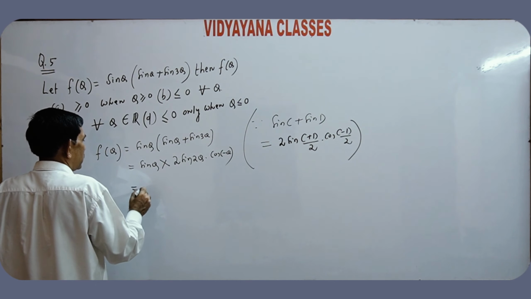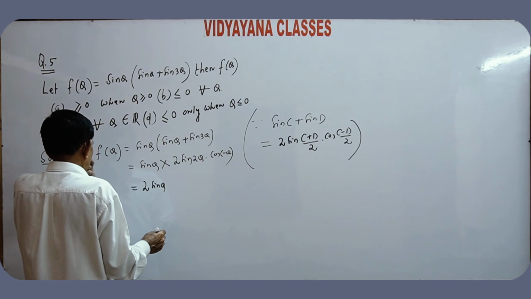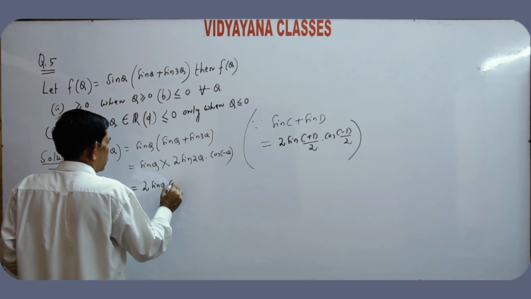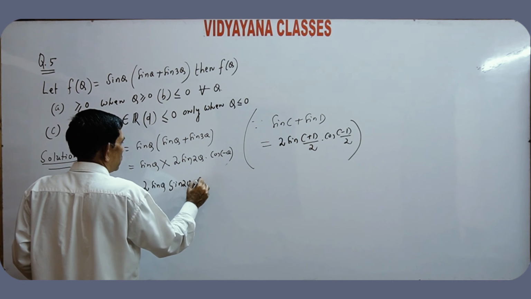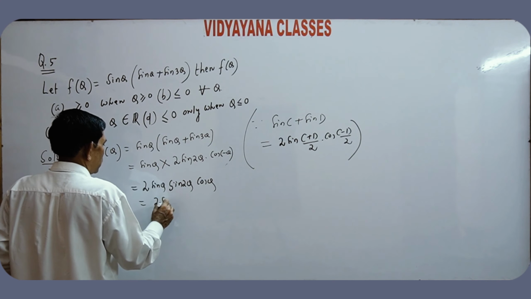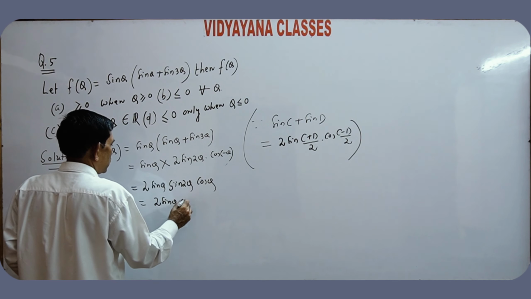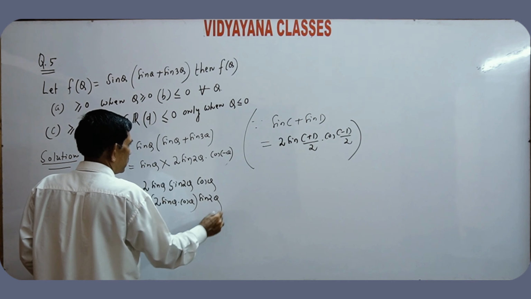Which implies 2 sin theta into sin 2 theta cos minus theta, cos minus theta is equal to cos theta, which is equal to 2 sin theta into cos theta into sin 2 theta.